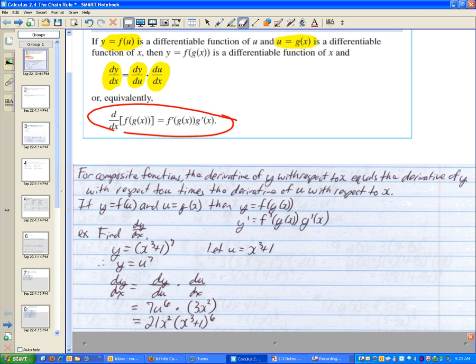Now also multiply the 3 times the 7. So I multiplied the 3 times the 7, and then I substituted the x cubed plus 1 in for the u. And I guess I should have written in a special step: 7 times x cubed plus 1 to the 6th times 3x squared, and then I simplified it. That makes it a little more clear. I should have made the first example as clear as I could have, shouldn't I?